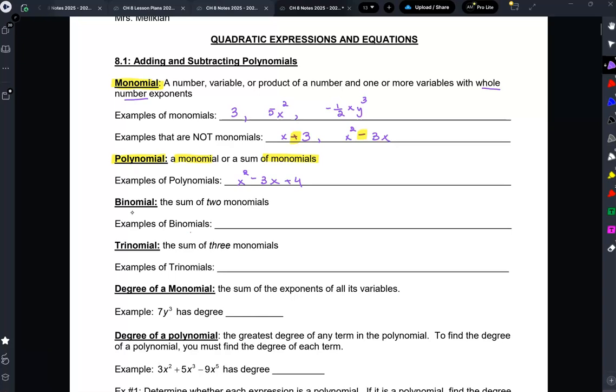Now, a binomial is the sum of 2 monomials, right? So for example, y cubed plus 2y. Okay? But look, when we say sum, it doesn't always mean that it has to be a plus. So for example, it could also be x squared minus 4x. In the second case, it's x squared plus -4x, okay?